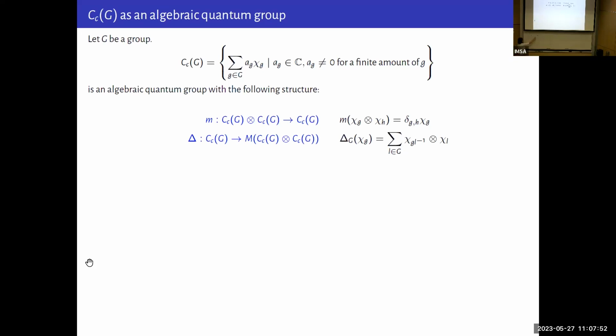The multiplier algebra is the universal unital algebra that contains A as an essential two-sided ideal. So, if A is already unital, the multiplier algebra is just A. Okay?